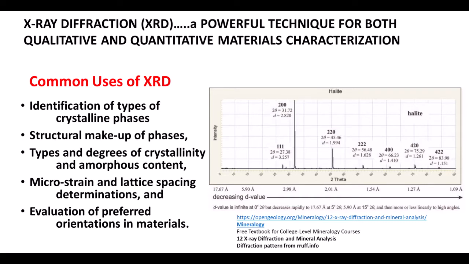This allows the development of search and match routines to speed up phase identification, as there will be very few phases that have good matching between the D spacings of the sample in question and the D spacings previously measured for a very large number of materials.